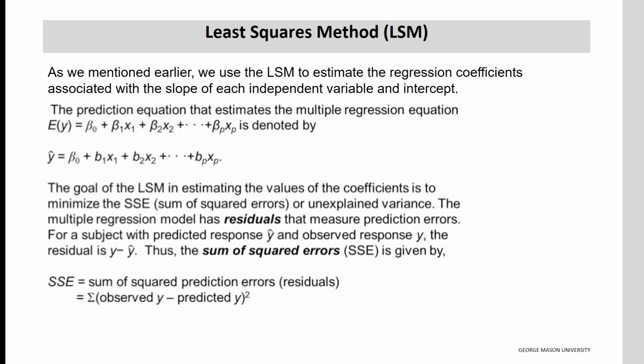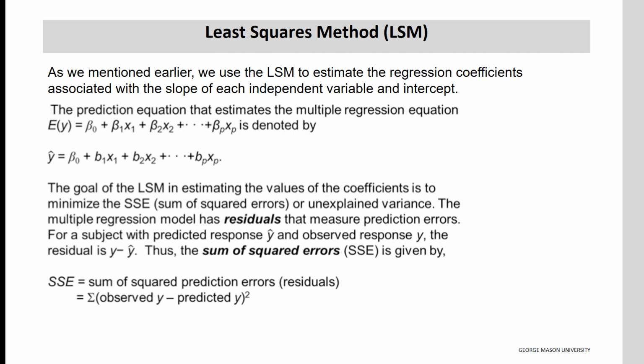As we mentioned earlier, we use the least squares method to estimate the regression coefficients associated with the slope of each independent variable and the intercept. So the prediction equation that estimates the multiple regression equation can be expressed as an expected value, or just simply the mean of the dependent variable, which equals the intercept plus each of the slopes associated with each of the independent variables.